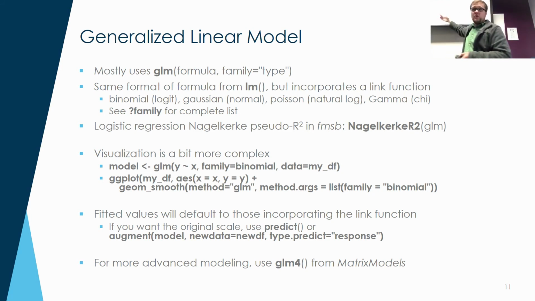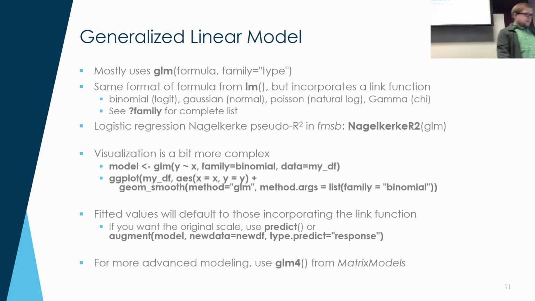It's the same thing. You won't have any different result whatsoever. However, if you want to do binomial, which is really logit regression, if you want to do Poisson for count data, or if you want to do gamma, if you have something that you want to model with a chi-square distribution, essentially, you can do all of those distributions using formula, comma, family equals one of those words. So you can put in binomial, Gaussian, Poisson, or gamma capitalized, and you will get that whole piece.